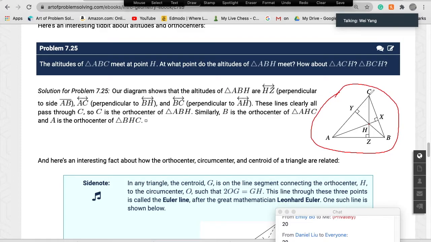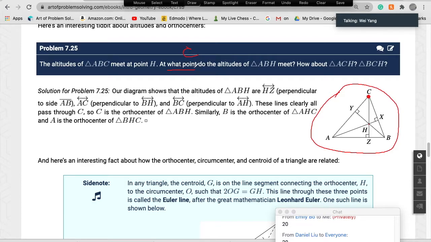This one is still here. Then the altitude of AH, you draw from B, that will be BX. When you extend it, that will be C. So that means they will intersect at C, right? So the answer for this one is C.